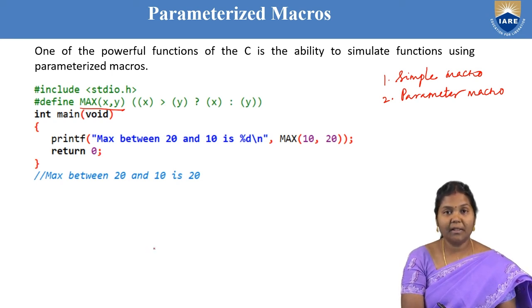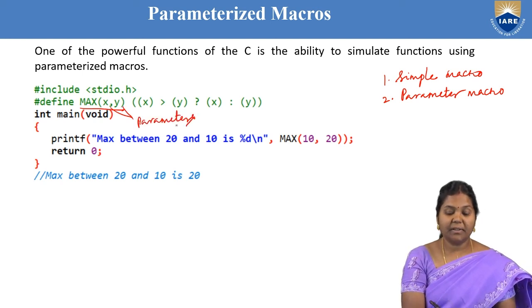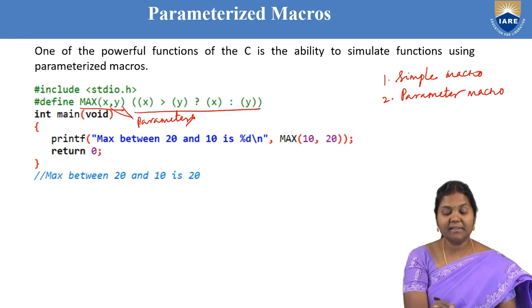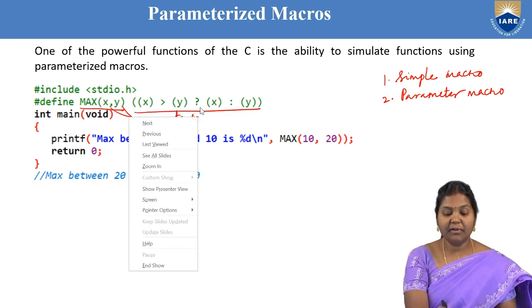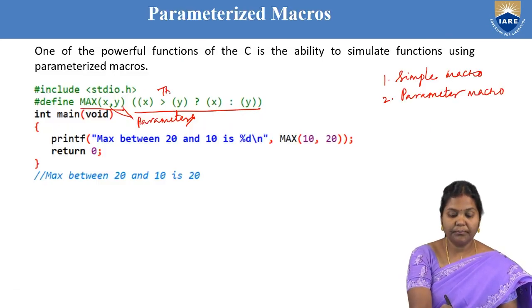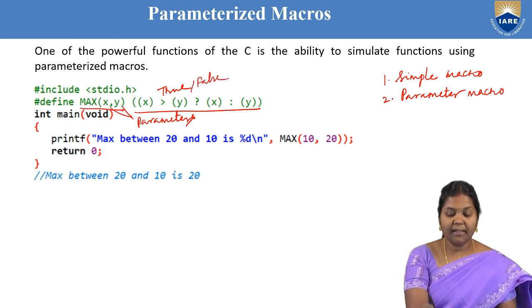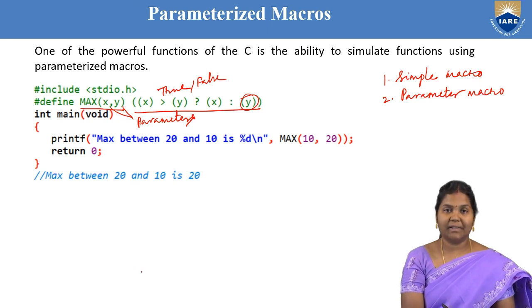So x and y are called the parameters or arguments here. For this macro, we have used the conditional operator: if x is greater than y and it is true, then take the value of x as maximum. Otherwise, if it is false, then take the value of y as maximum.